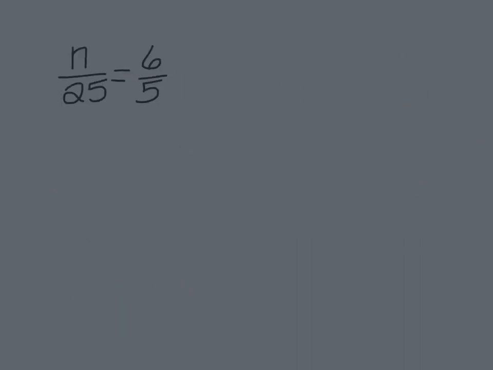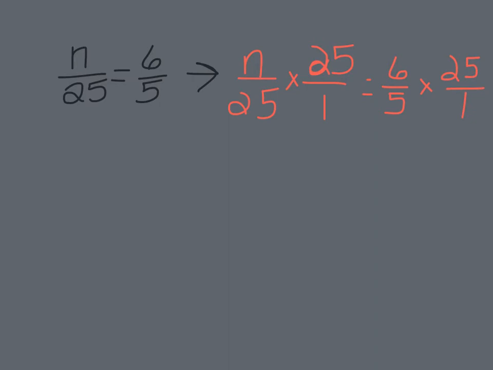The second way would be to multiply each side of the proportion by the reciprocal. So that would look like this. We have n over 25, and I'm going to multiply that by its reciprocal, 25 over 1. And that would be equivalent to 6/5 times 25 over 1.